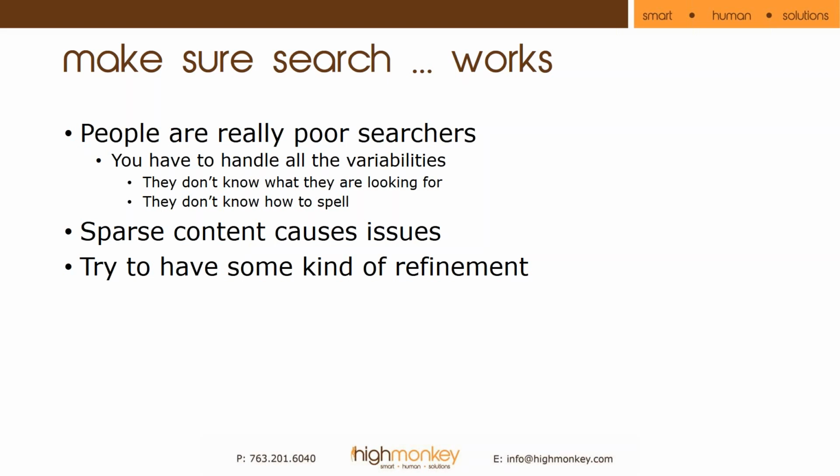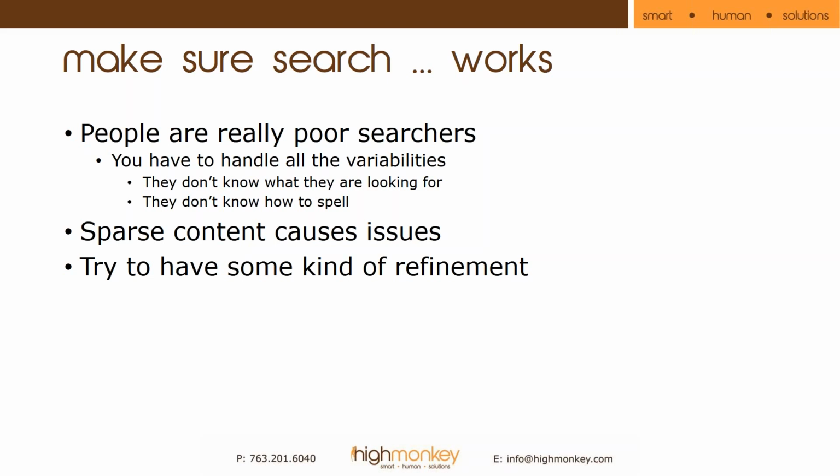I'm going to show a couple of options on how you balance that out in a little bit. But the other thing, and this has gotten to be more significant, is you really need some kind of refinements, what we call a refinement panel, though there are a lot of different terms for it. It should follow the pattern of the way people search: I use search results to try and find something else.